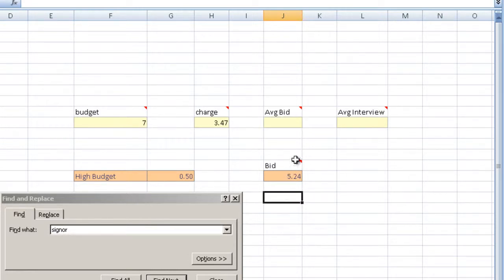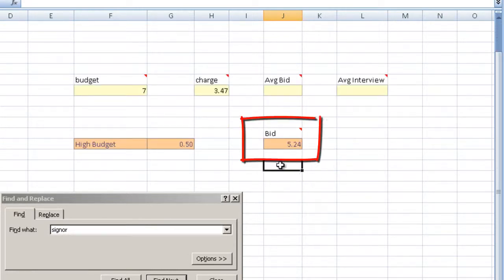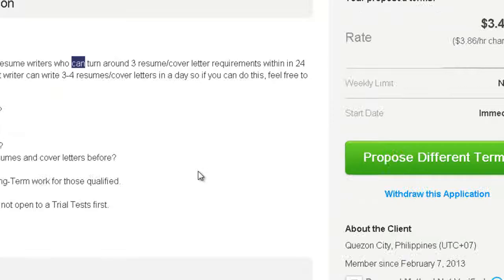You can see already right here that you have a new bid of $5.24. That calculation is based on certain adjustments that the spreadsheet made.